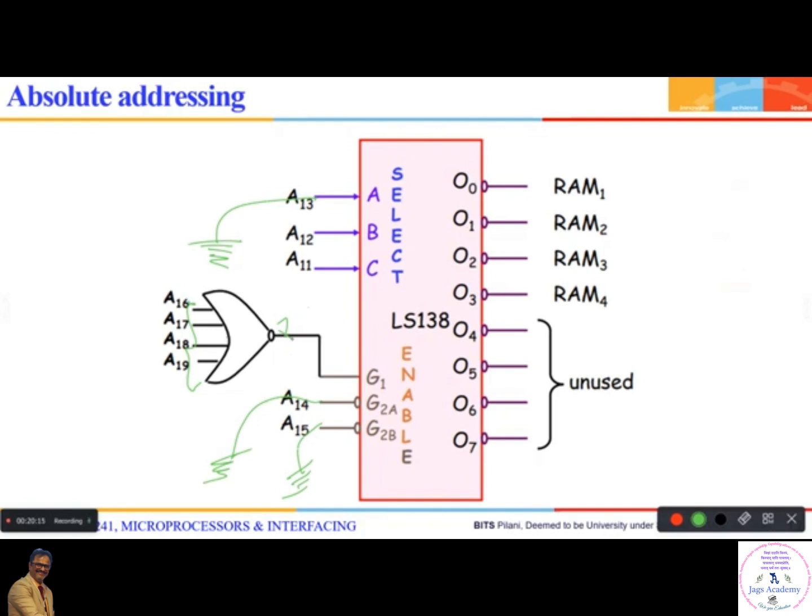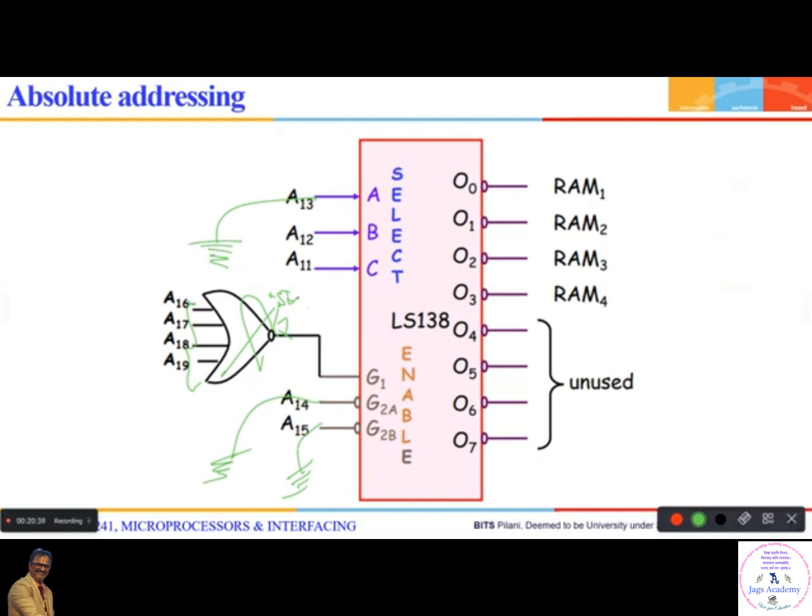Similarly, instead of connecting A16 to A19 to a NOR gate and making it 1, I will not use this. I will connect this to plus 5 volt. That's called incremental addressing.